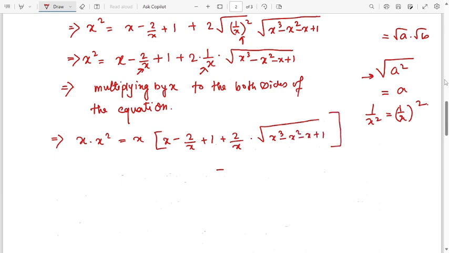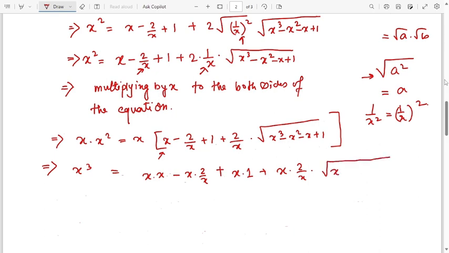So this will become x cube. Now we are going to simplify this expression. This will be x times x, then x times 2 by x, then x times plus 1 plus x times 2 by x times square root of x cube minus x square minus x plus 1.